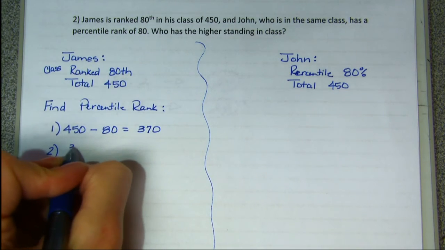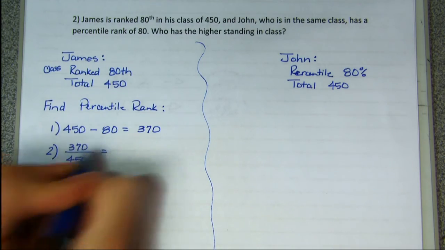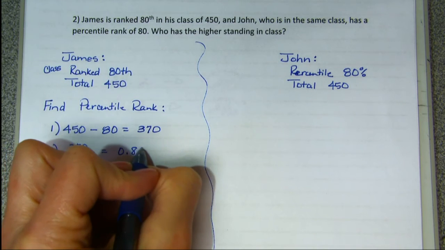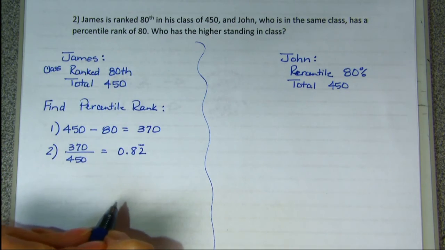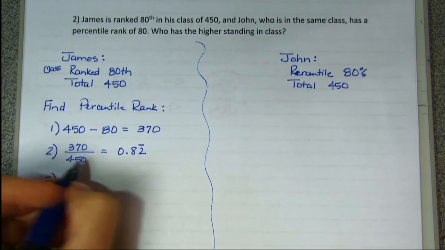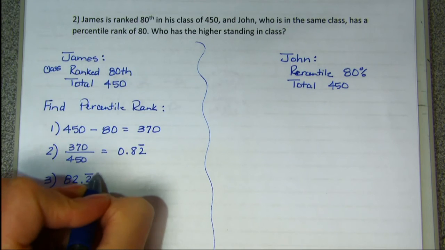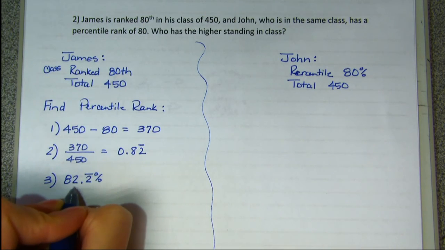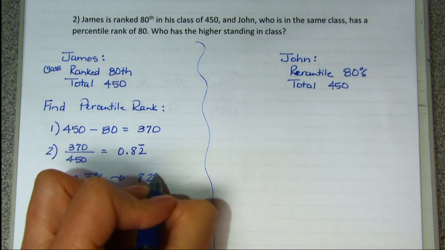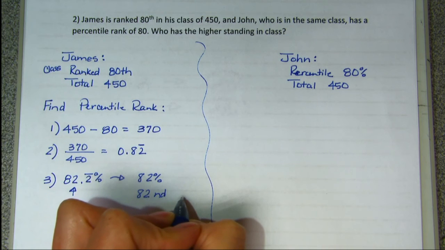Then we take that number and divide by the total number in the class, 450. And you get 0.82 repeating. So that as a percent would be 82.2 repeating percent, but again, we're going to round it to the nearest whole percent. So it would be 82% or the 82nd percentile.